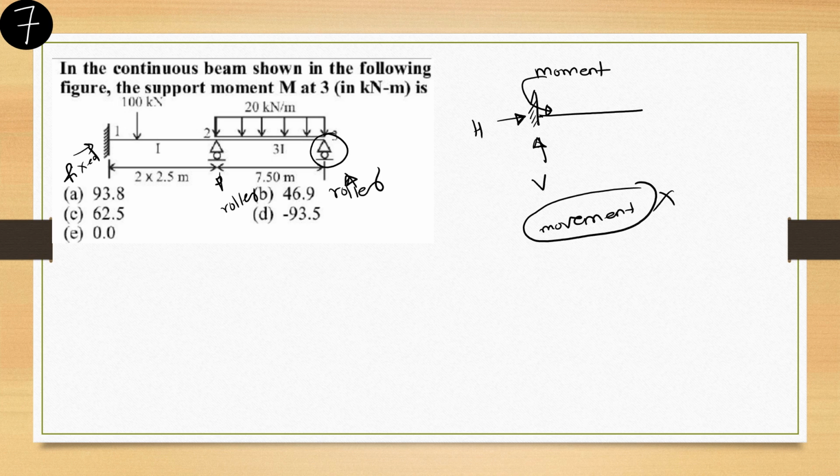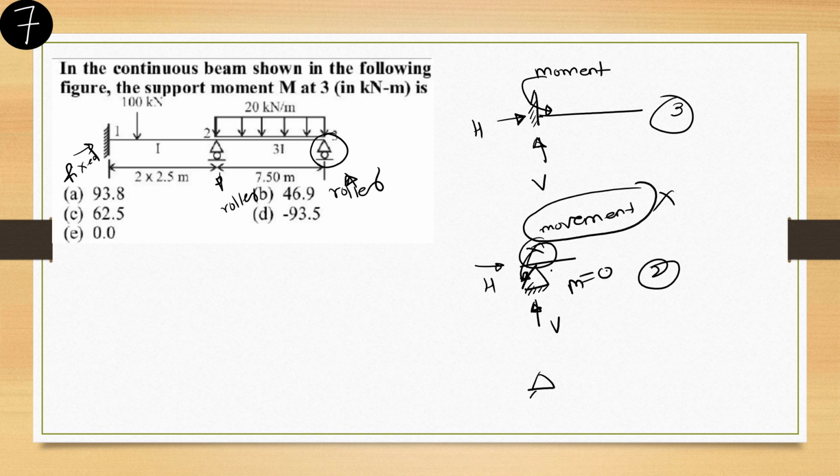So it is restricted in these three, and the fixed support has three reactions. A hinge support is restricted in vertical and horizontal direction movement, so there are two reactions, and it does not restrict rotation, so the moment on a hinge support is 0.